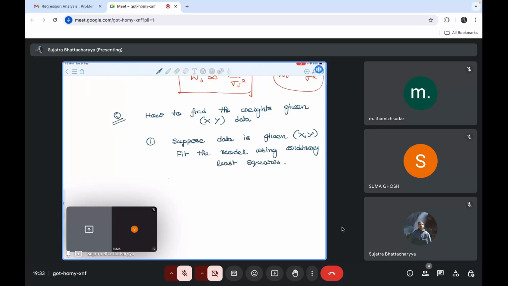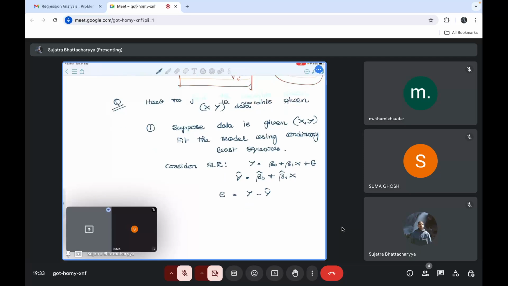Okay. So consider the simple linear regression model. So y will be beta naught plus beta 1 x plus epsilon, and its fit will be y hat equal to beta naught hat plus beta 1 hat x. You calculate the residual, y minus y hat. It will be in matrix form.